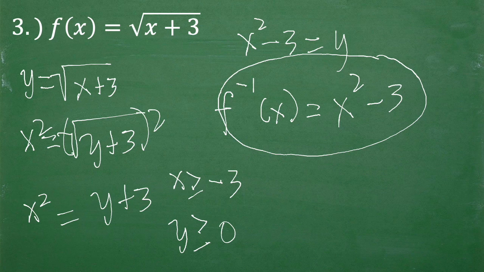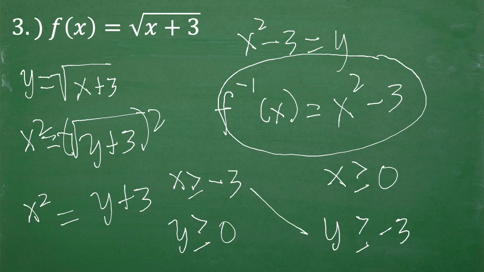Since this is its inverse, x becomes greater than or equal to 0, and your y restriction becomes y is greater than or equal to negative 3. As you can see, with these restrictions the two functions are inverses of one another. And this is the inverse of our example number 3.